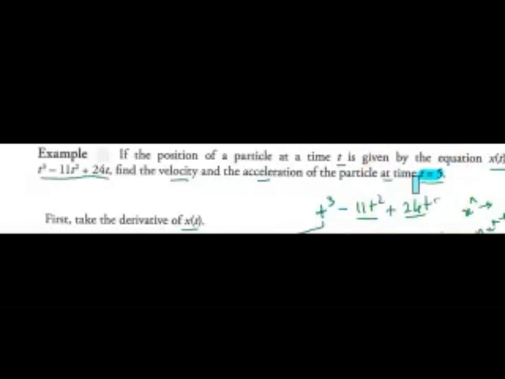So we plug t equals 5 into this equation. V of 5 is equal to 3 into 5 square minus 22 into 5 plus 24. Solving, we get negative 11 as the answer.